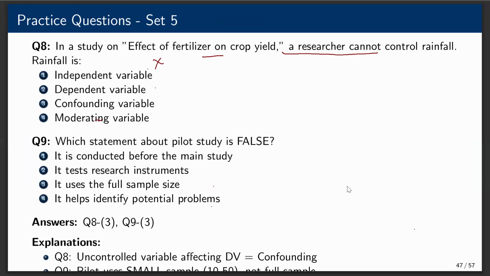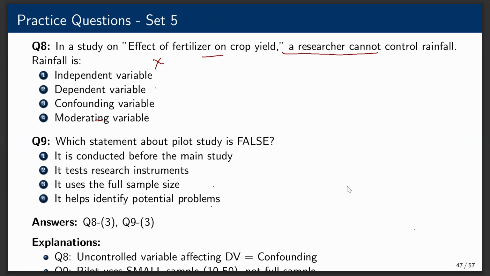So the researcher cannot control rainfall. So in that case, rainfall is a confounding variable, isn't it? Why did Ajay choose immediately independent variable?